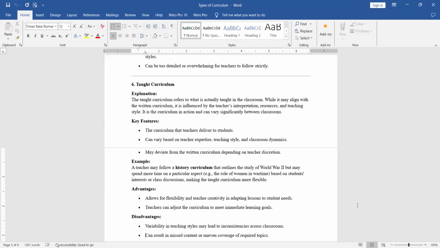So you are actually implementing the written curriculum, but you have made slight changes to cater to the practical situation.